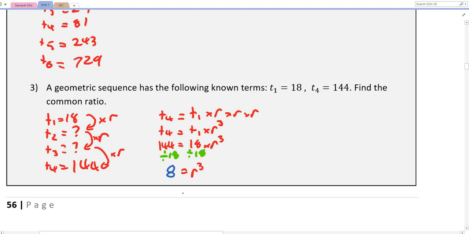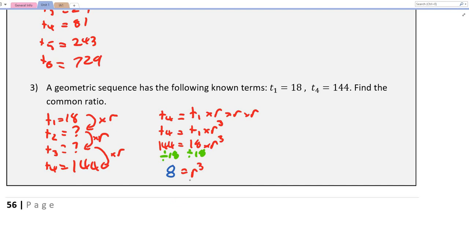There's only one number that would do that, and that is 2. Your 2 times tables: 2 times 2 is 4, times 2 is 8. I'll always give it to you as a whole number on your tech-free, but the rule of thumb is 2 cubed is 8, 3 cubed is 27, 4 cubed is 64. So if you see those numbers, you should be remembering, oh, I've seen this cube root before. So r equals 2.